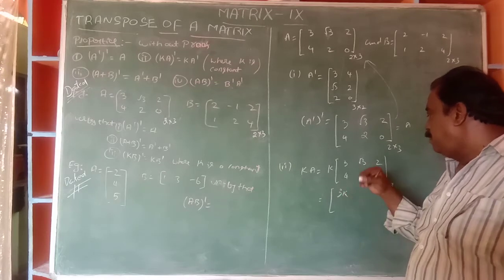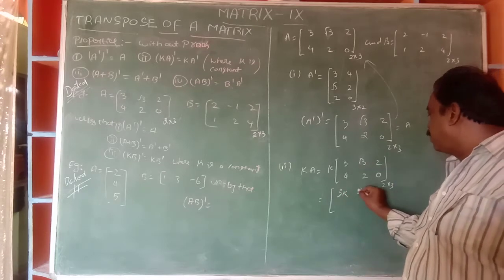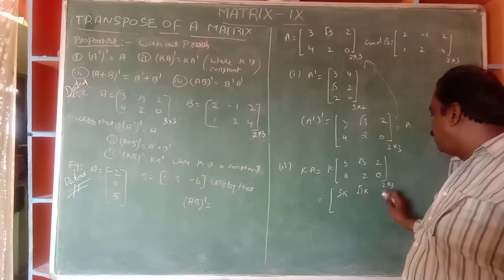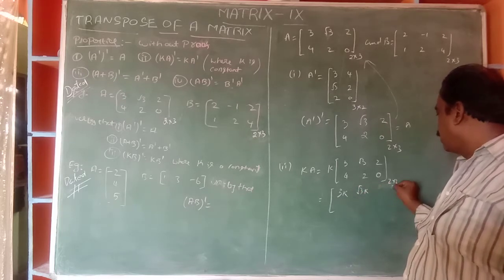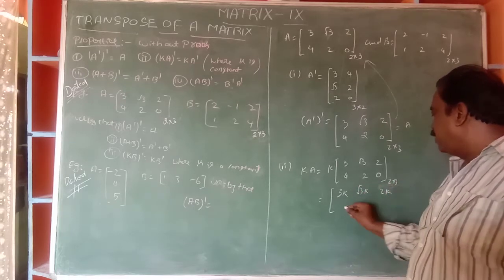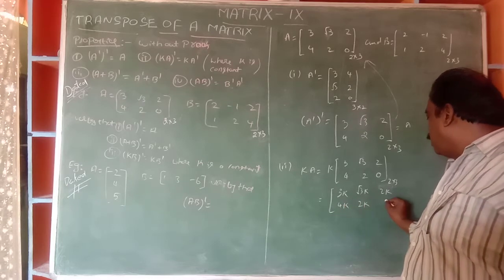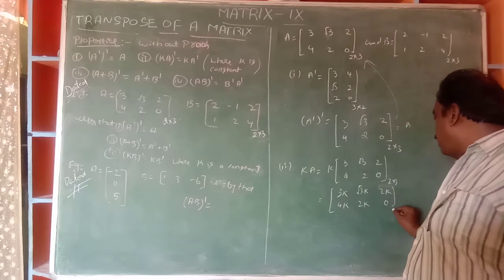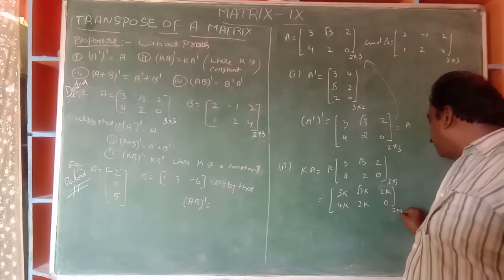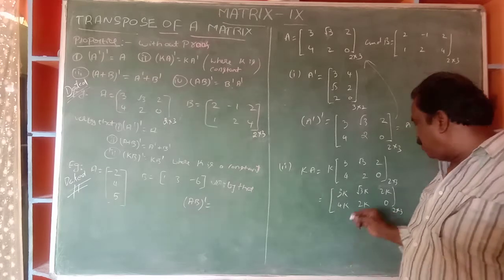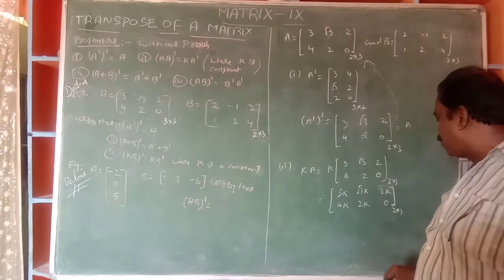That is 3k, root 3k, and 2k. Here also, 4k, 2k, and 0 into k is 0. This is the matrix.